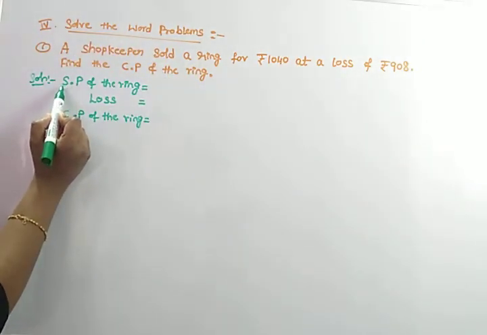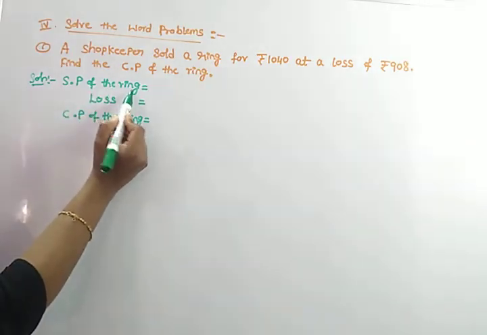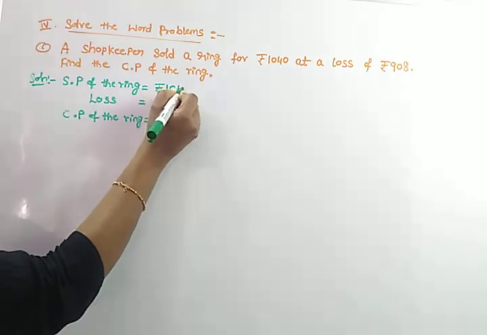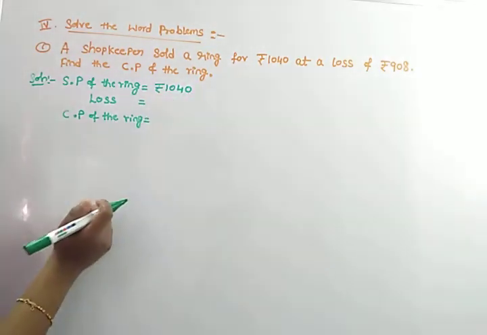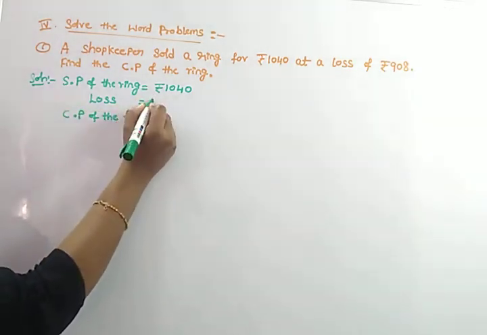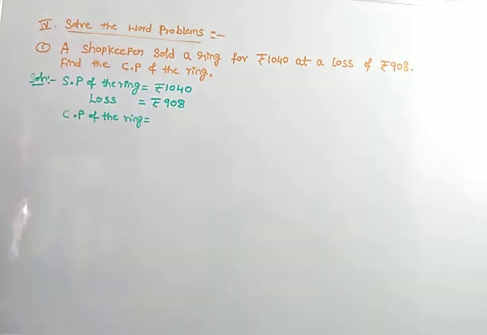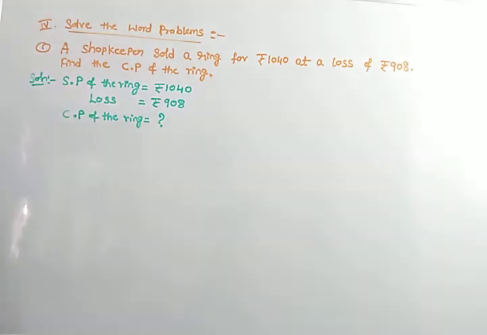Sold a ring means the selling price is given. Selling price of the ring is 1040 rupees. At a loss means loss is given, that is 908 rupees. Find the CP of the ring.